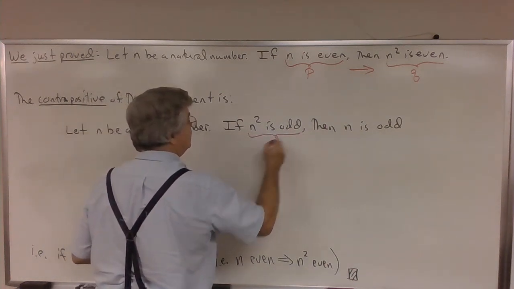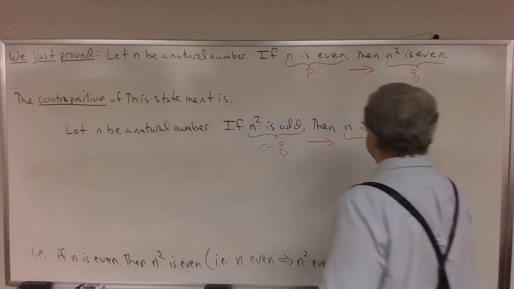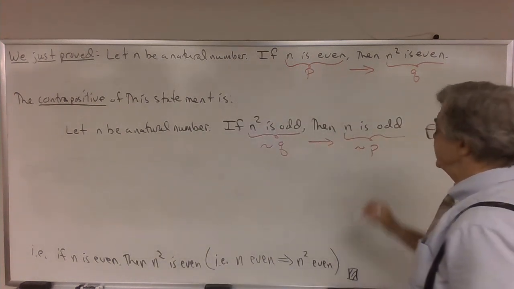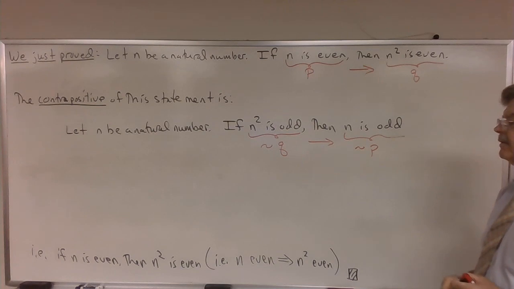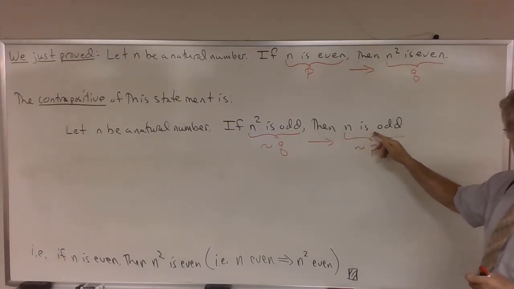So we have not Q implies not P. So if n squared is odd, then n is odd.